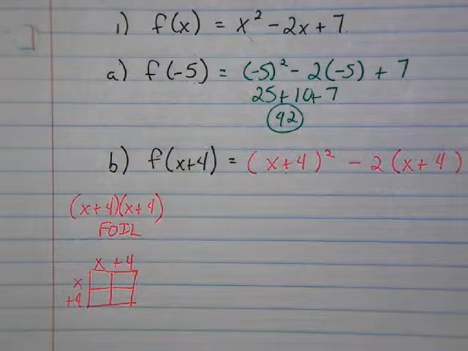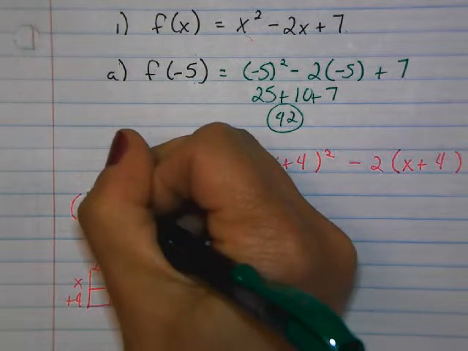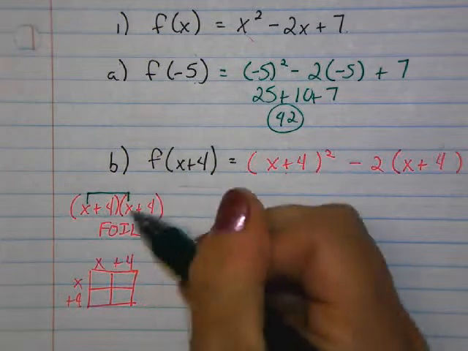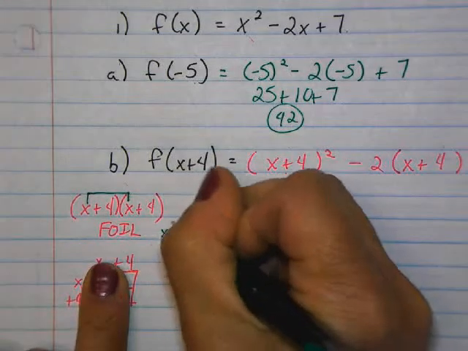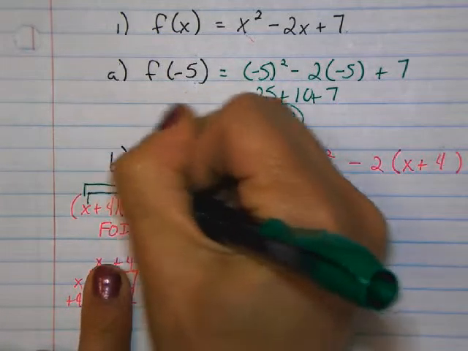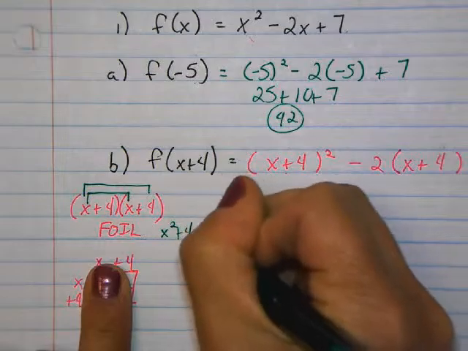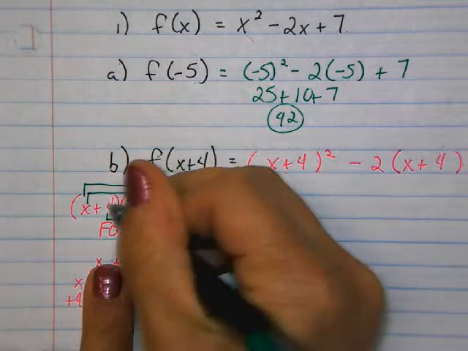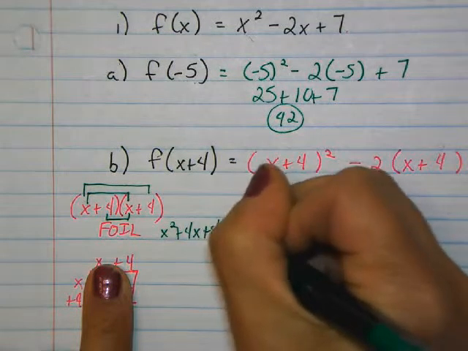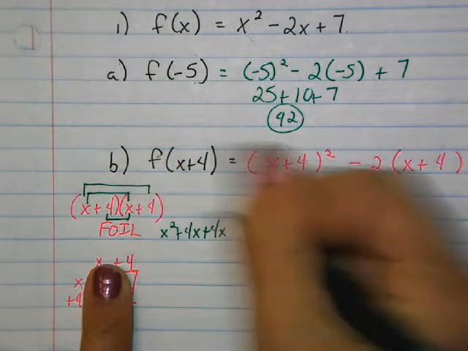So the first term, x times x is x squared. My outer, 4x. My inner, 4 times x is 4x. And my last. So when I clean all that up, I get x squared plus 8x plus 16.